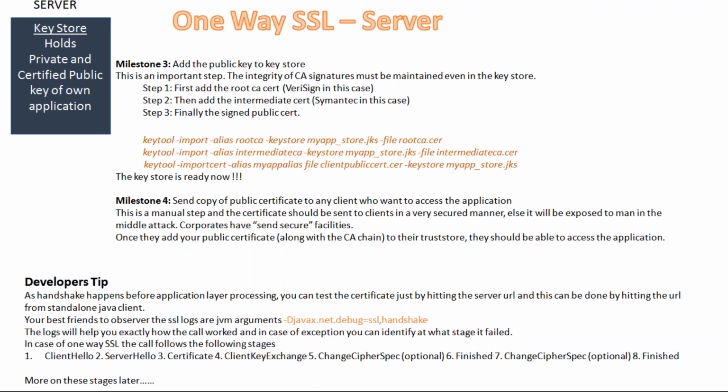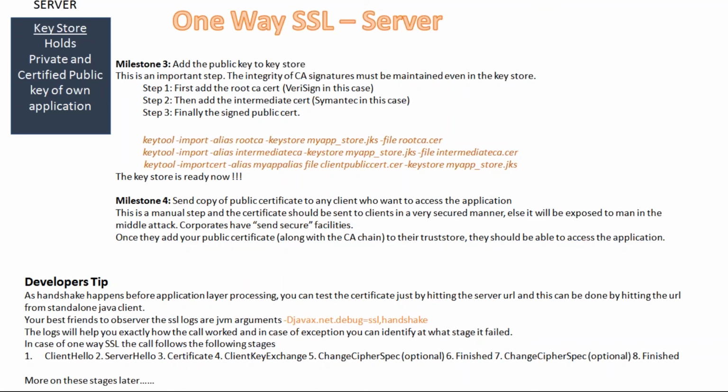Once you turn on these two JVM arguments, you will be able to see what is going on at your side of the application. It will print whenever a request is generated, what all stages the request is passing through, and at what stage it failed, if at all it failed. This is very important during the initial setup.